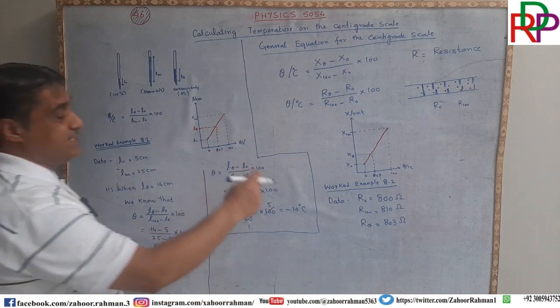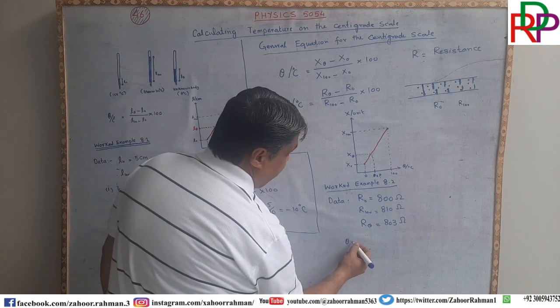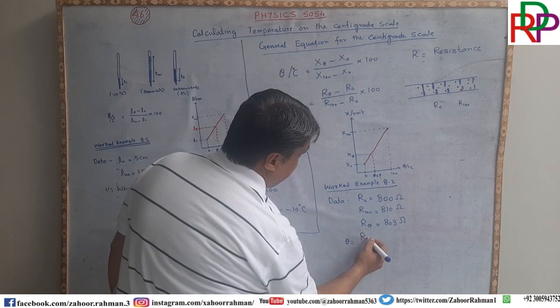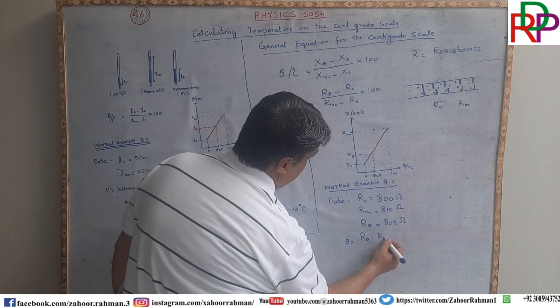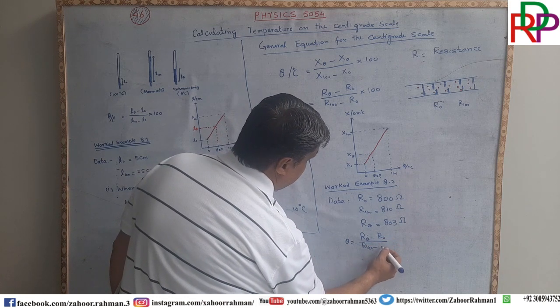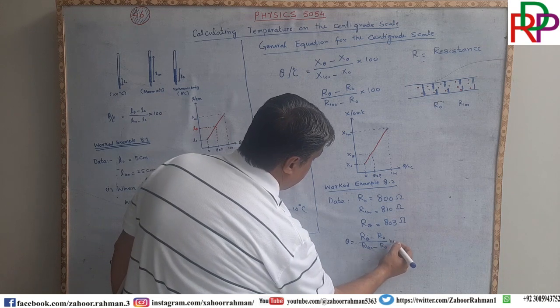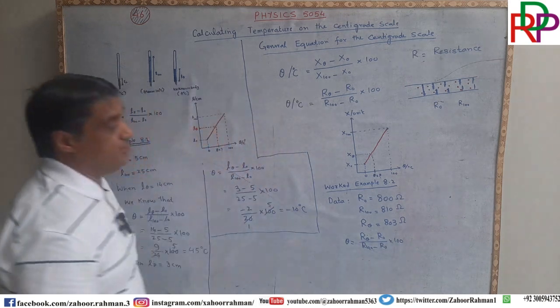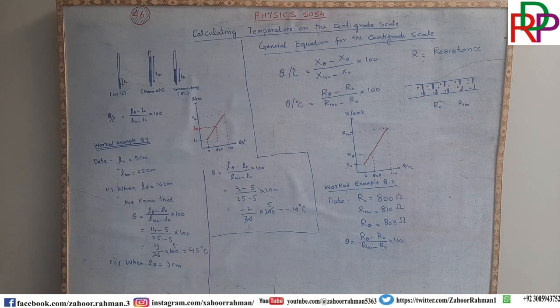Now using this formula we can find that R theta minus R naught divided by R100 minus R naught multiplied by 100. You have to memorize this formula by heart.